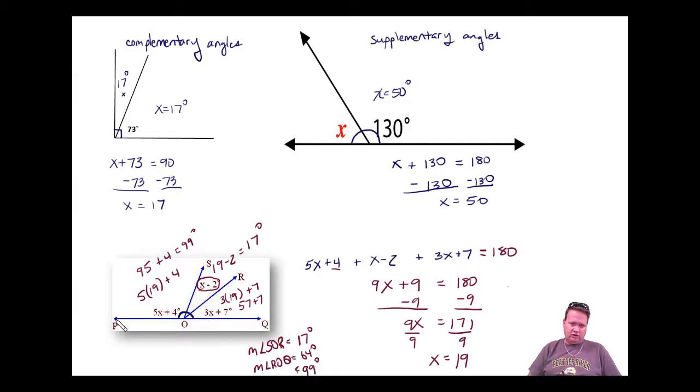And that would be the angle POS or SOP. We'll call it the measure of angle SOP. The other way I could have done it was to add these two up and then subtract that from 180. And I would also get 99. And if you take a look in your calculator, 99 plus 64 plus 17 should add up to 180 degrees.